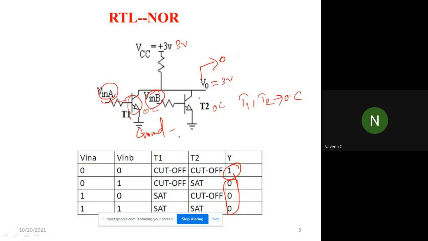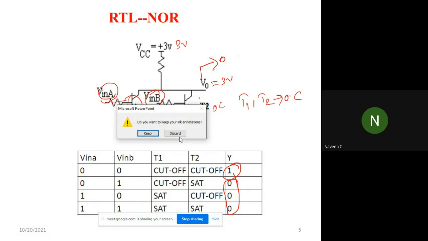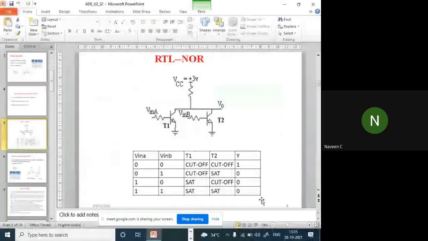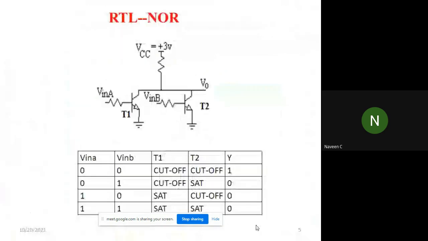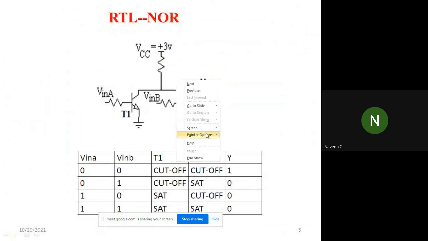So same concept only. I'll write the logic now for one case, so you will understand.